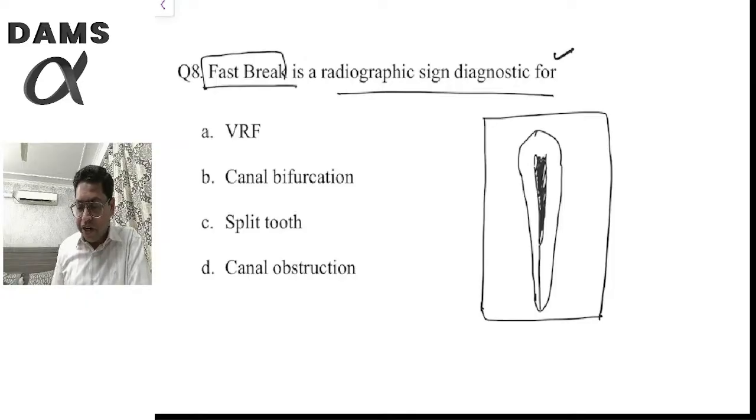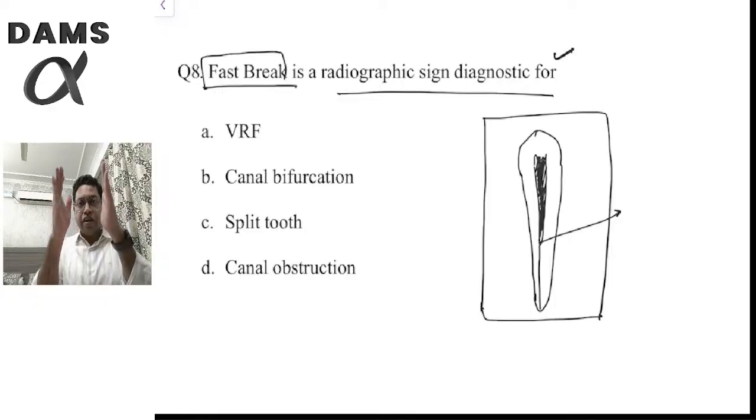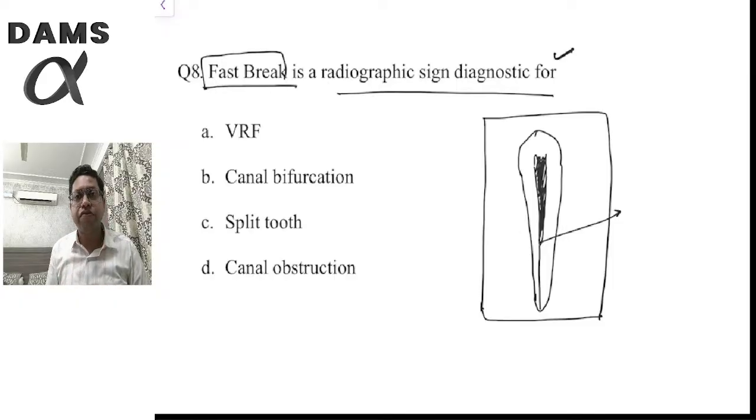But at a certain point, there is a sudden thinning of the root canal. We know that root canals gradually taper from the coronal portion to the apical 1/3 of the root canal. Examining the radiograph, we see a point where there is a sudden thinning of the root canal. This is known as fast break in the continuity of the root canal on the radiograph.